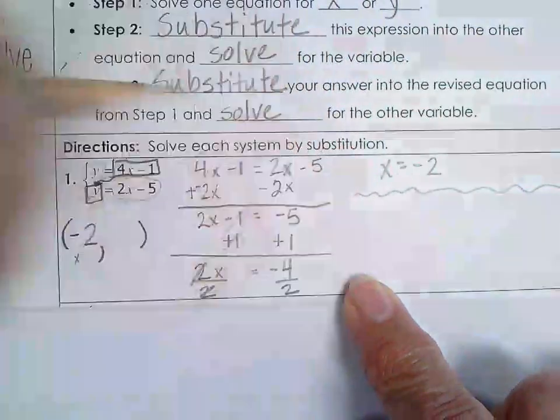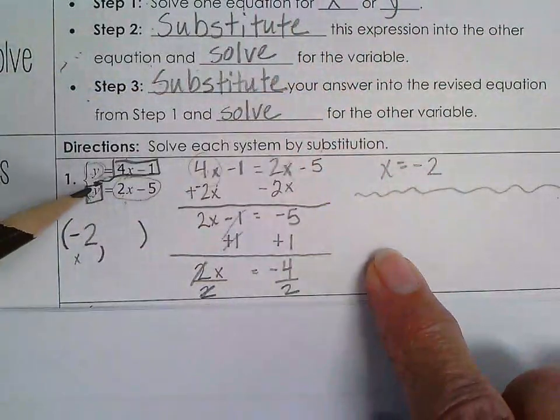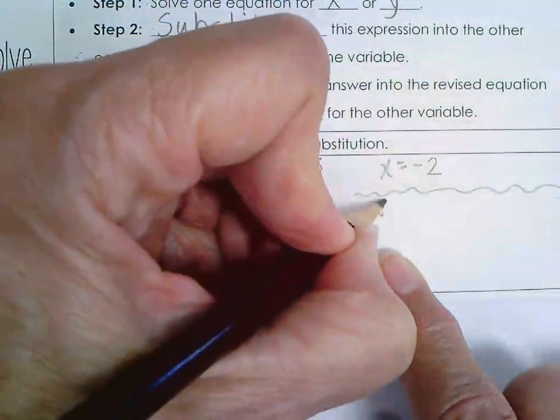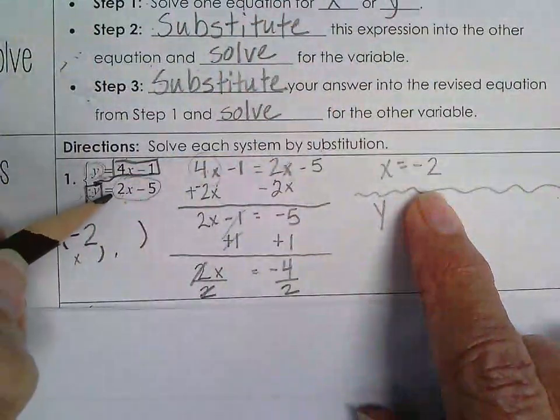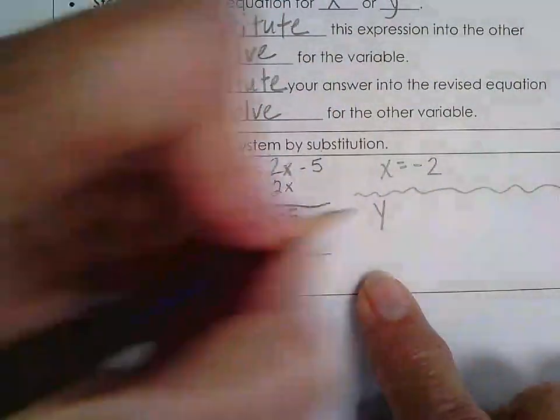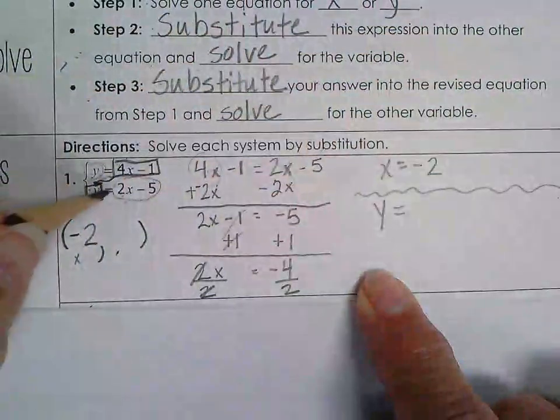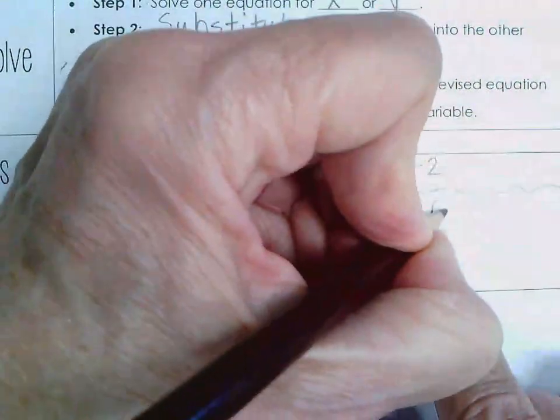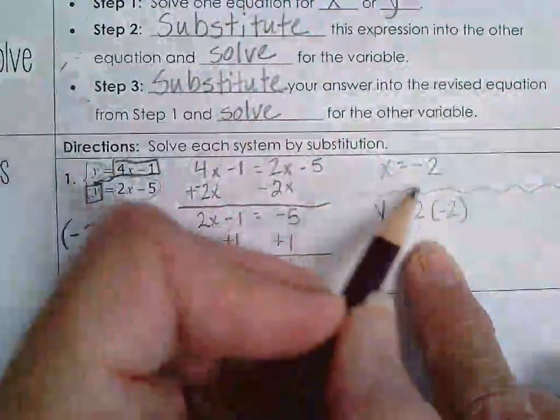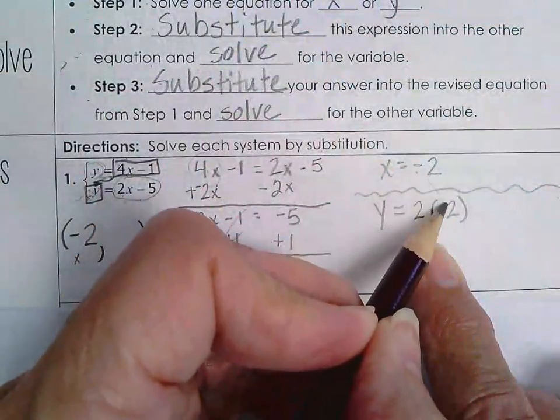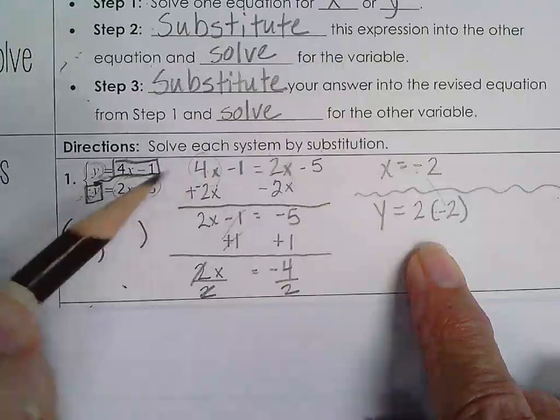So now I'm going to solve for y. So I'm going to plug in -2 into this equation. So I have 2x, so I'm going to have 2 times -2, because that was my value that I just solved for, -5.